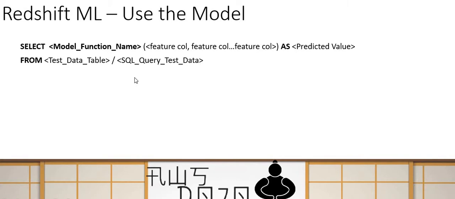But if you have the same table for both training and test data, then you simply provide this SQL query statement, which will fetch only the test data from the table. And you run this query, and based on these feature values and using the deployed model, using this SQL function, it is going to make a prediction about your data, and then it will present it back to you.